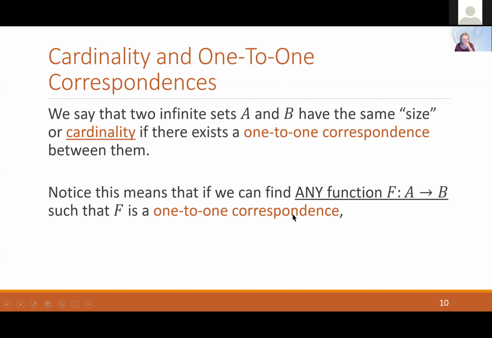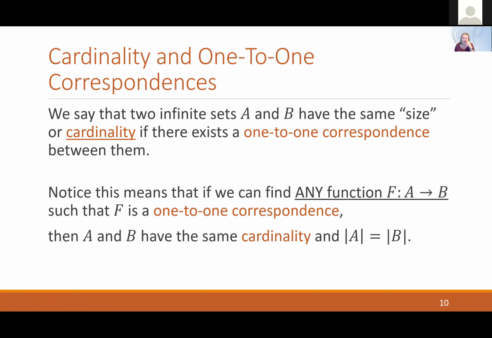Now remember, one-to-one is every member of the domain is mapped to a unique member of the codomain. So if we can find a function that takes every member of the domain and maps it to a unique member of the codomain, then the two sets have the same size or the same cardinality.